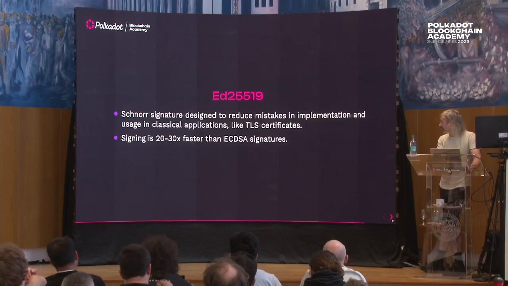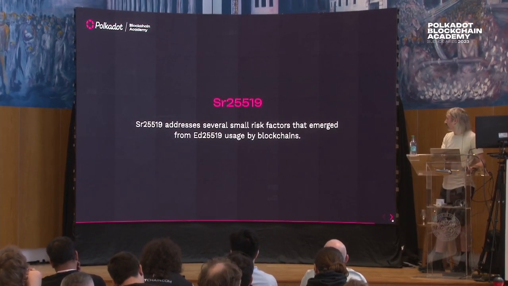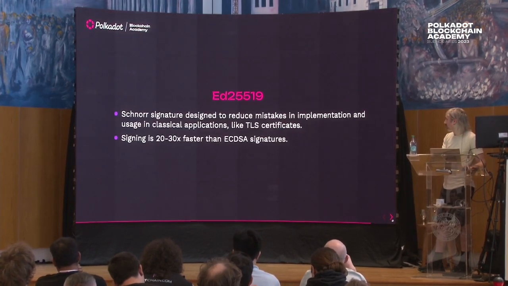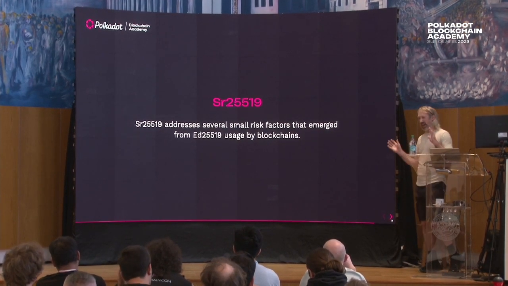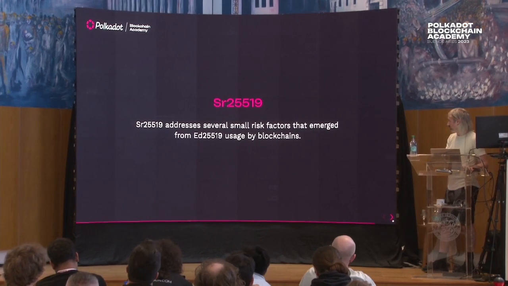I think Ed25519 is still more useful for verifiable random functions than Sr25519, for what it's worth. Both Ed and Sr are used in Substrate, but they have almost exactly equivalent APIs, so if you know how to use one, you can use the other.